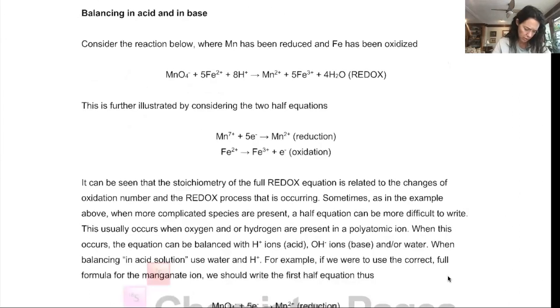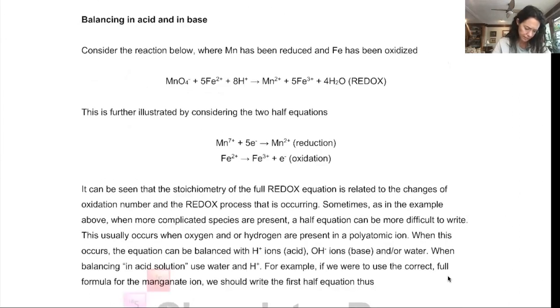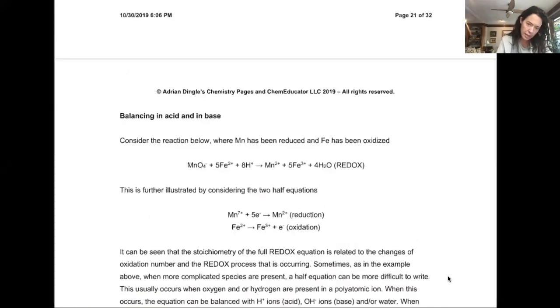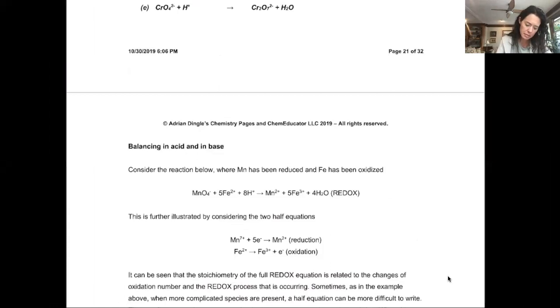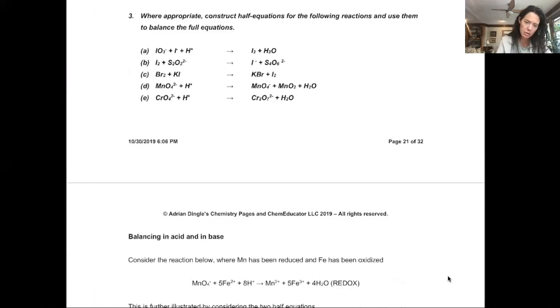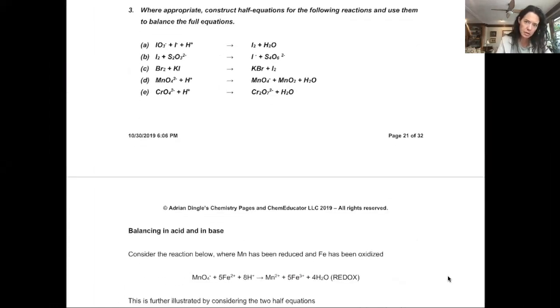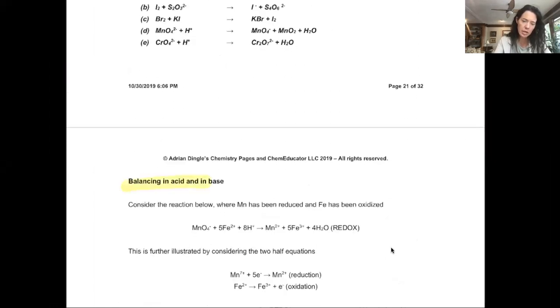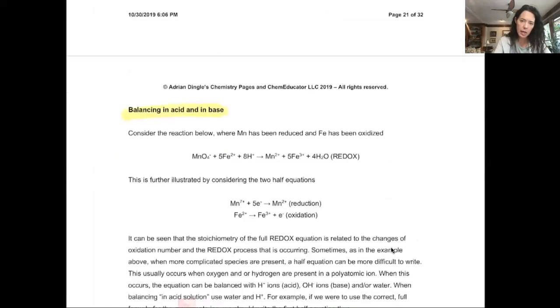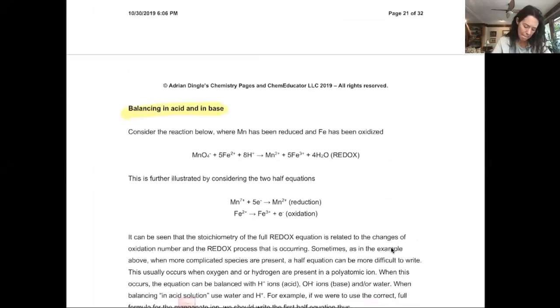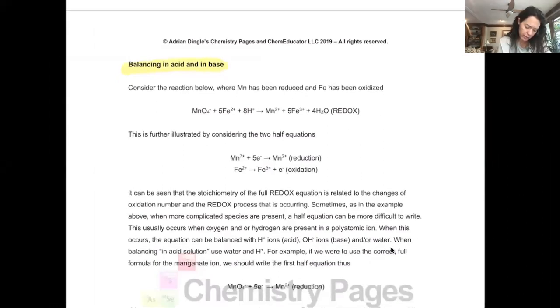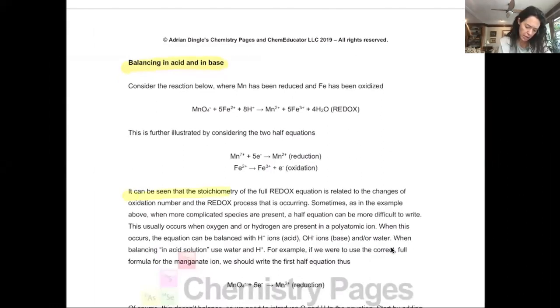Okay, so first of all, what you need to notice is how we do it is different in an acid than in a base. Why is it not showing what I highlight on there? That's weird. Oh, it's lagging. Okay, it's different in the acid than in the base. It can be seen here that the stoichiometry of the full redox equation is related to the changes of oxidation number.